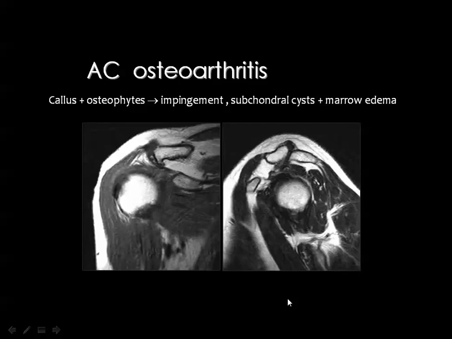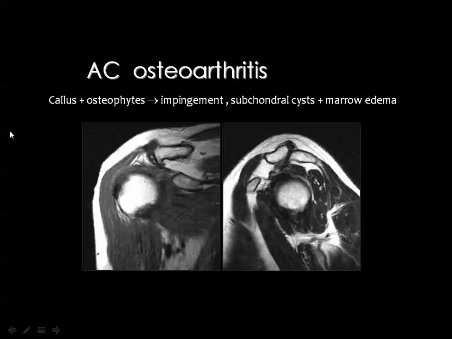Acromioclavicular osteoarthritis will result in degenerative narrowing of the joint, osteophytic clipping of the articular surfaces, and hypertrophy of the articular margins, forming what is known as callus around the joint.